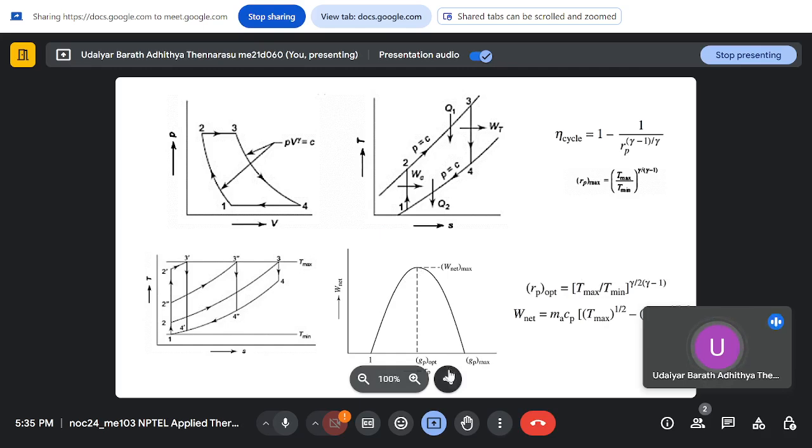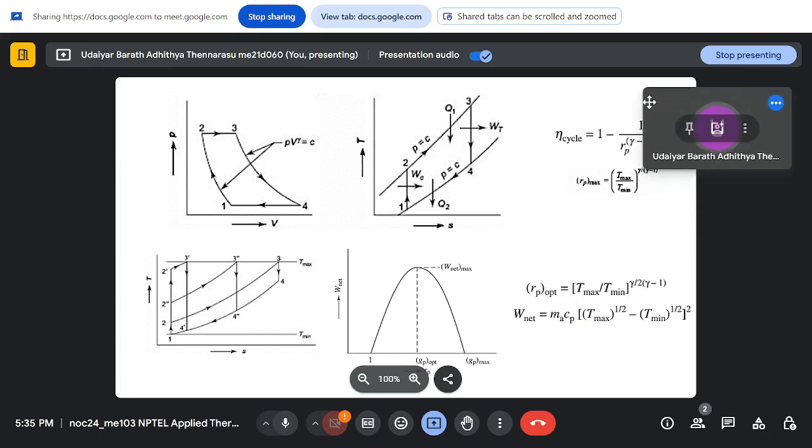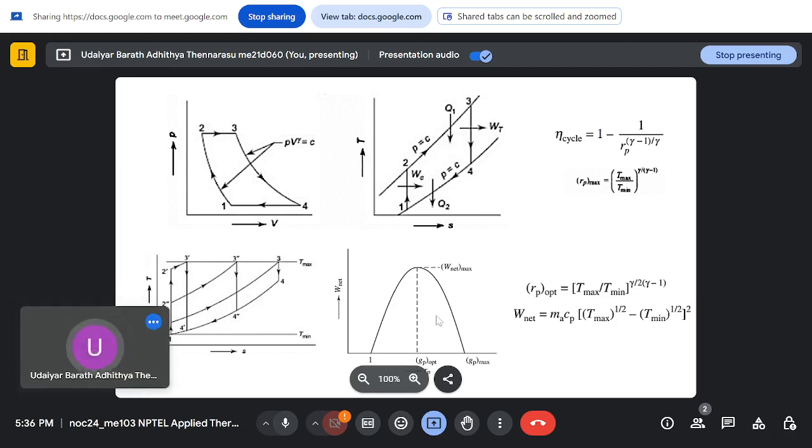So in both cases work will become 0, and it goes through a maxima. That maxima is given by this Rp opt, and the work corresponding to this optimum pressure ratio is again m dot Cp into root of T max minus root T min, the whole square.